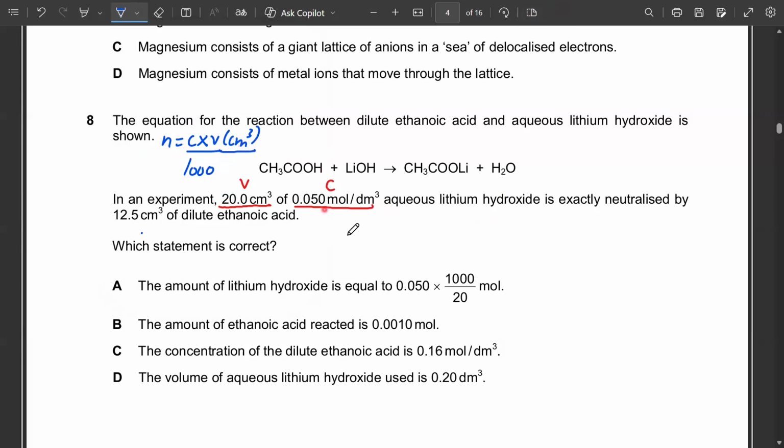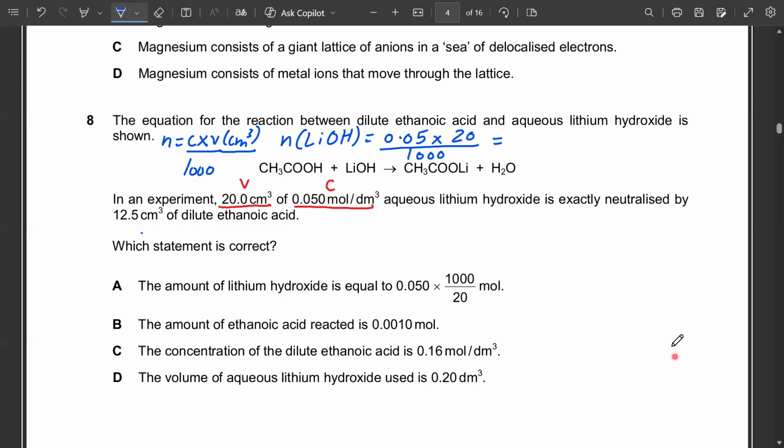Now, the number of moles of lithium hydroxide will be calculated by putting the values in this equation. The concentration given is 0.05, multiplied by the volume of the lithium hydroxide, 20 divided by 1000.